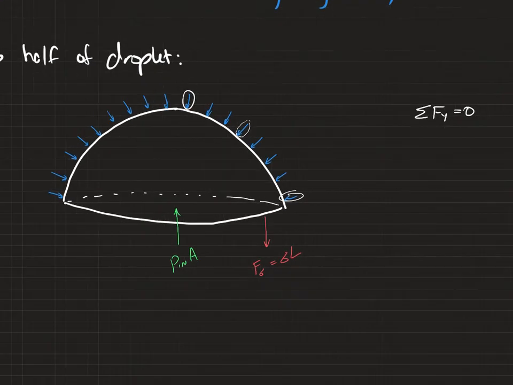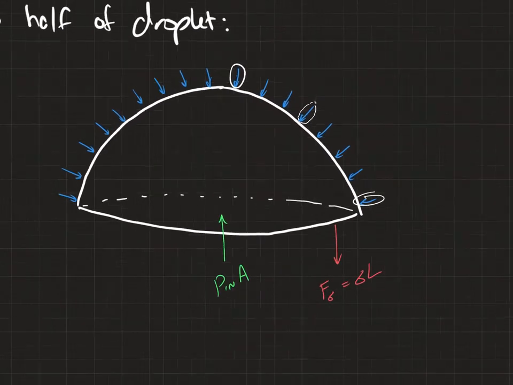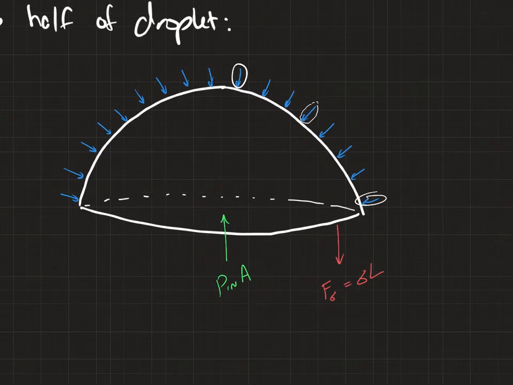Okay. So what I want to do is consider these two, so if I just draw a horizontal line from here to there. Okay, I want to consider this ring, and I want to consider the pressure force on that ring.